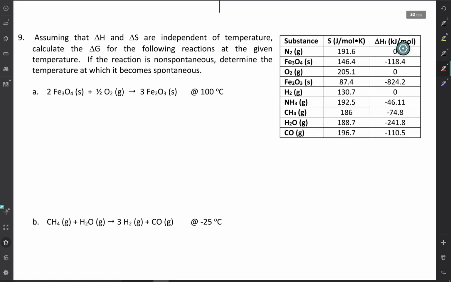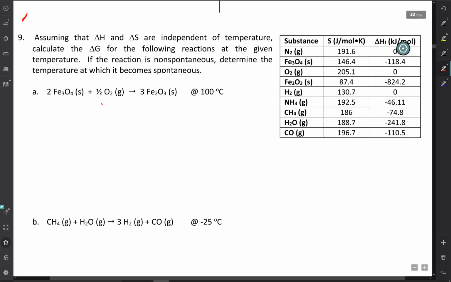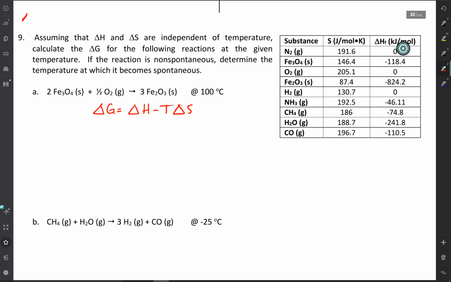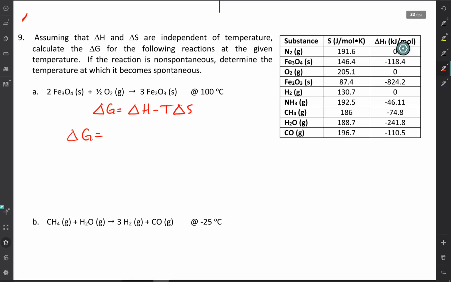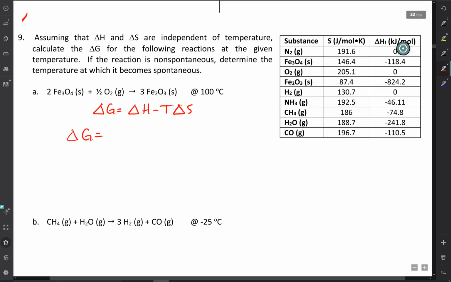So we know that in order to find delta G, delta G is equal to delta H minus T delta S. Think about what we know so far. I don't know delta G. I know that's what I'm trying to figure out. I don't know delta H, but I can calculate it. I know that temperature has been provided. It's 100 degrees Celsius. You know that has to be in Kelvin.